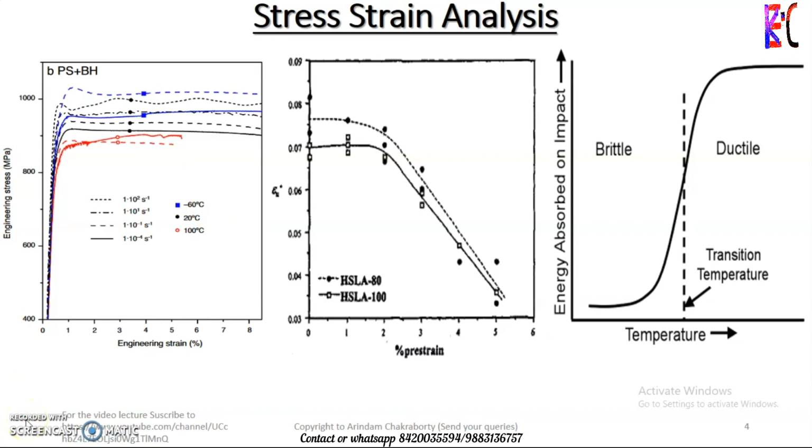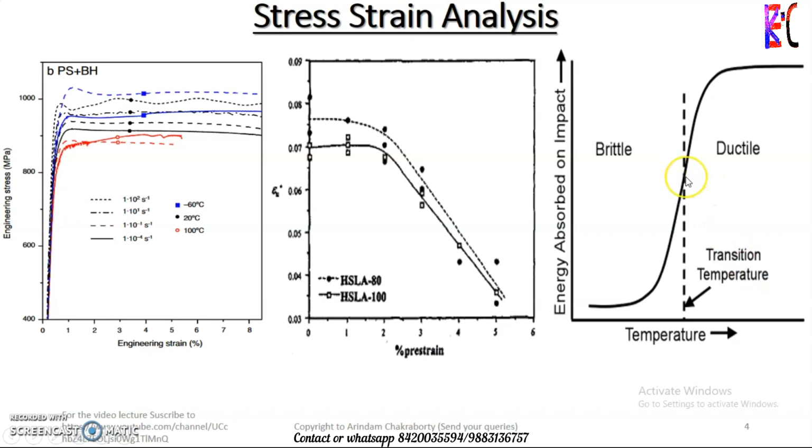Ductile and brittle behavior of a material completely depends on the temperature. Why is the temperature so mandatory? Because the temperature is what makes recrystallization and crystallization and everything. So it's mandatory to understand the transition temperature.